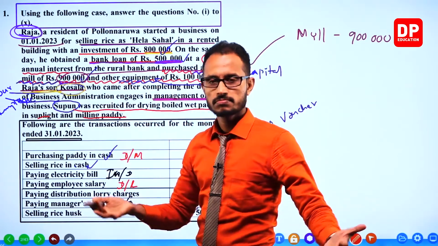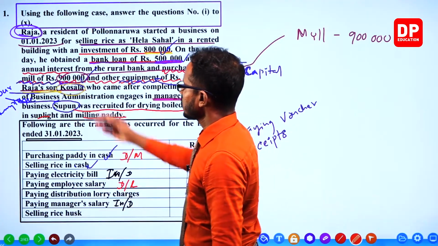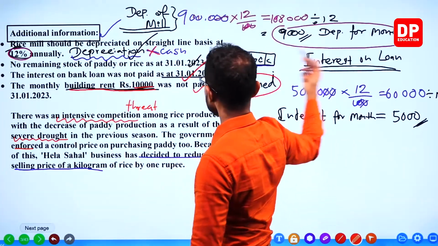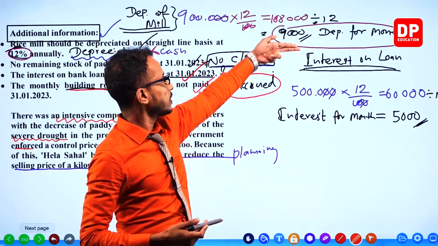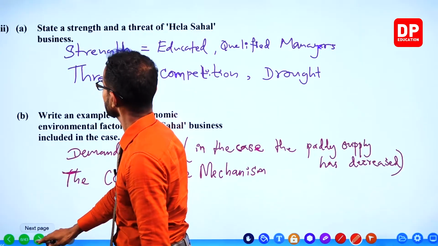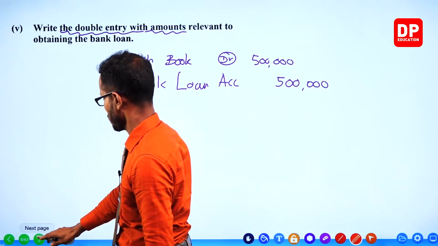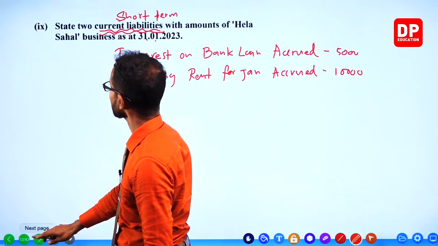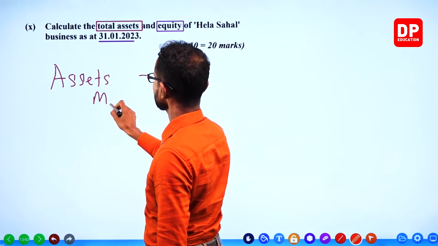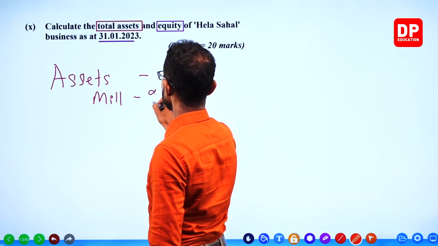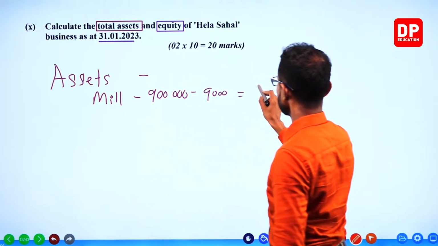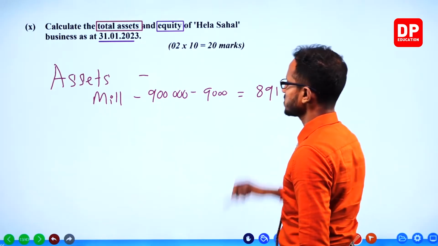And bank loan also cash, no? 900,000, the mill, take it by subtracting the depreciation. 900,000 minus 9,000, it's 891,000. That is the first asset.